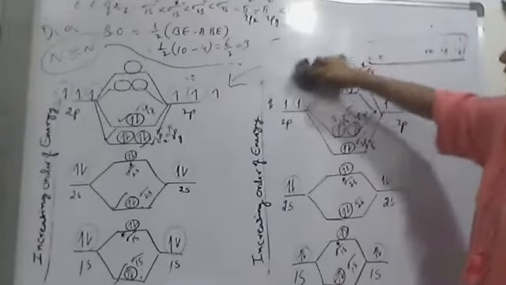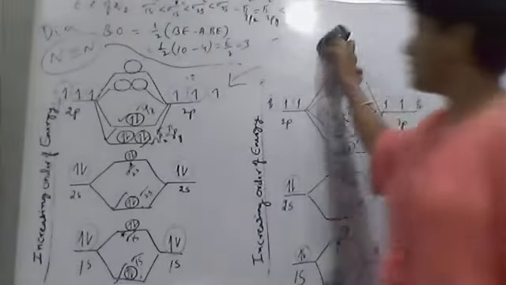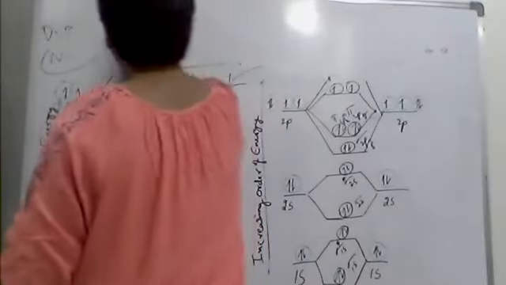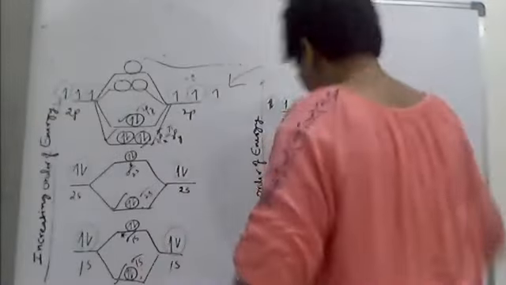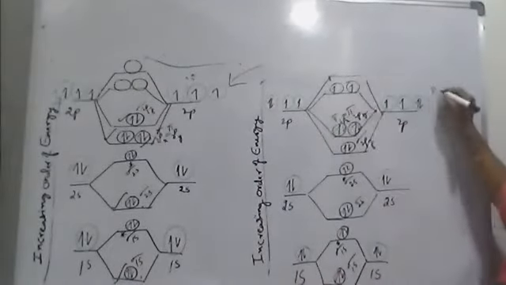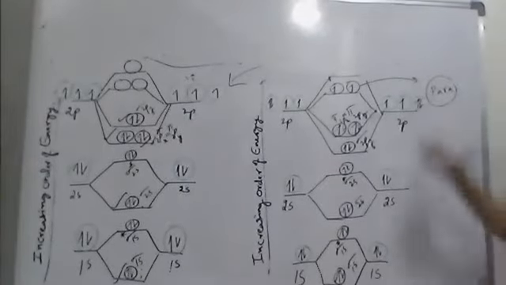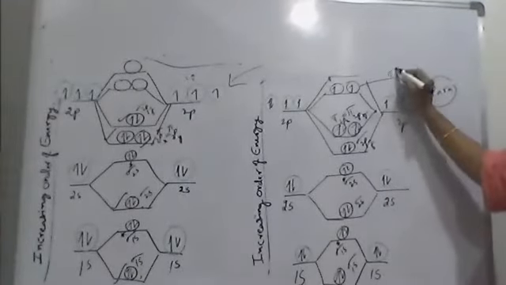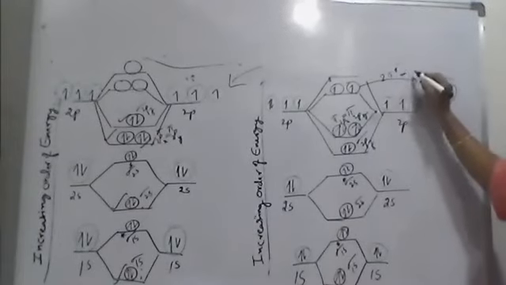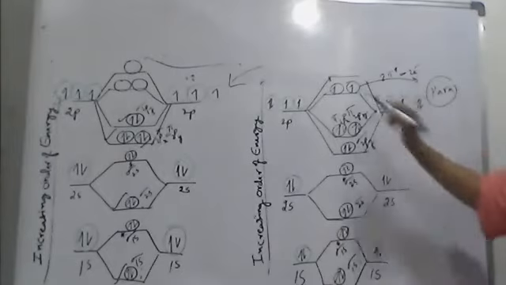Now we'll calculate its bond order. So now you all understand why the O2 molecule is paramagnetic, because of 2 unpaired electrons in the pi star orbitals. These are unpaired electrons.